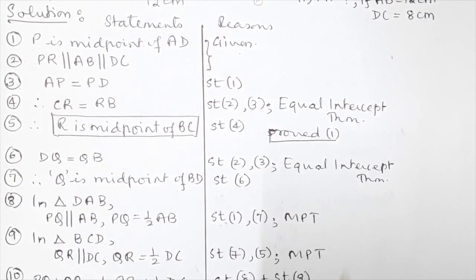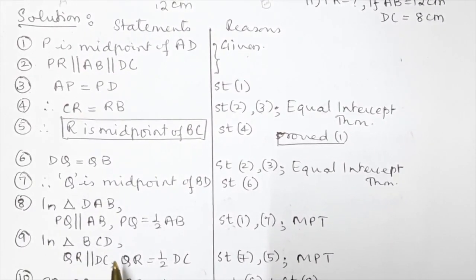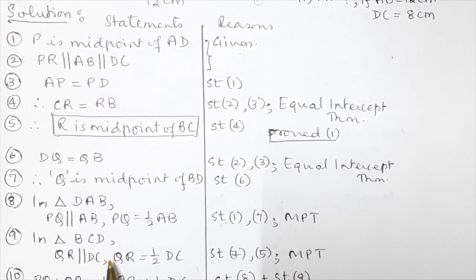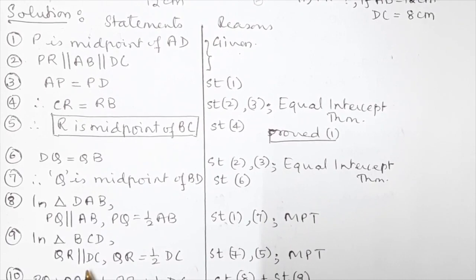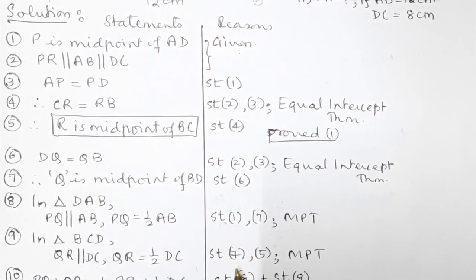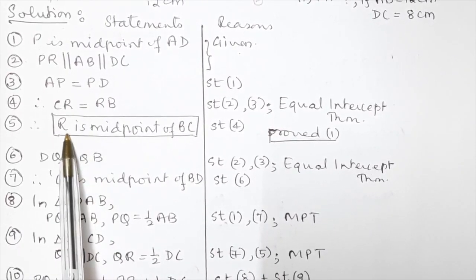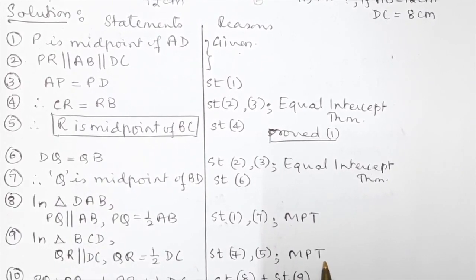And then we write the reason as midpoint theorem, that is MPT. In triangle BCD, you will see again Q is the midpoint of BD and R is the midpoint of BC. So QR will be parallel to DC and QR will be half of DC because of statement 7 and 5. 7 says Q is the midpoint and 5 says that R is the midpoint, and midpoint theorem.